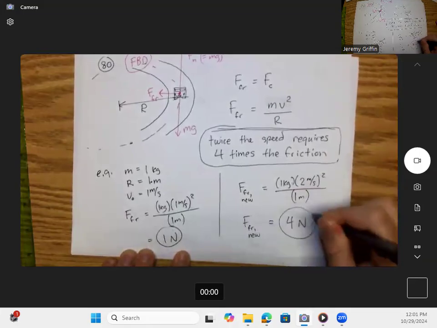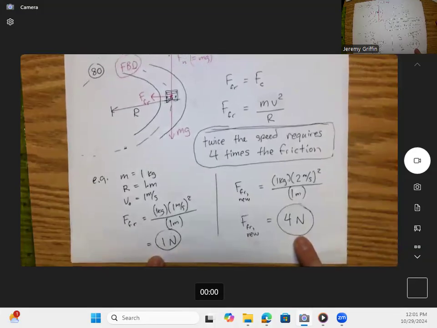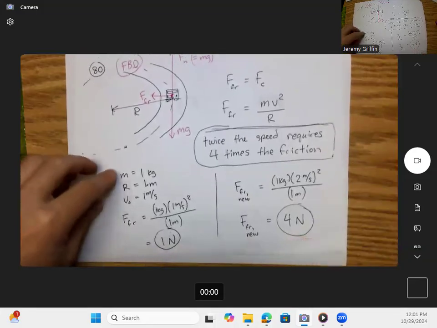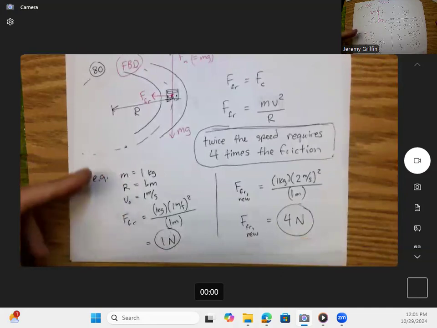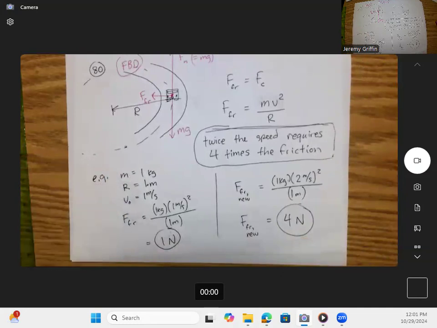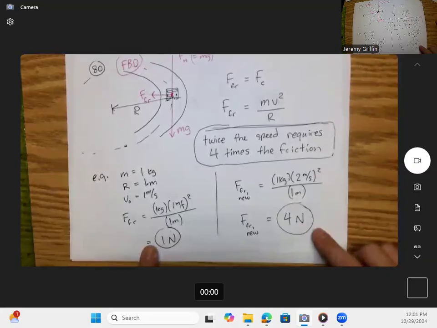Is that right there? Right. And if you compare these, that's a 4-to-1 ratio. Now, I know I did real simple numbers, but I could have made up any numbers, or I could just do it in terms of variables. When you double the speed, you're always going to get 4 times the force. You can put in any numbers and you'll always get a 4-to-1 ratio. Okay, you guys get that? 4 times the force. All right, you guys good with 4 times the force?